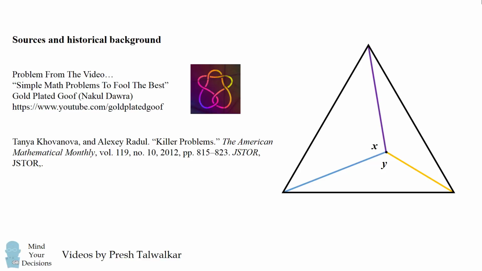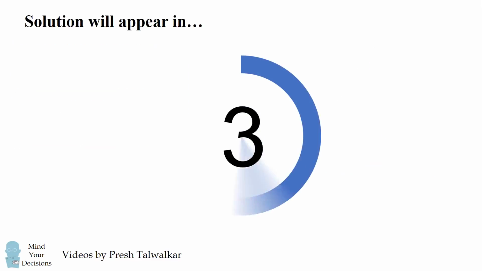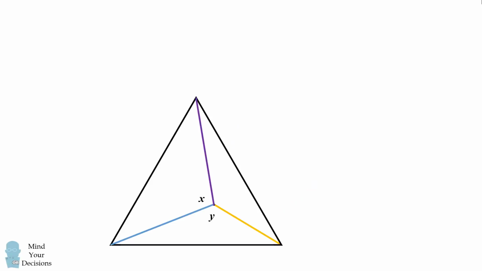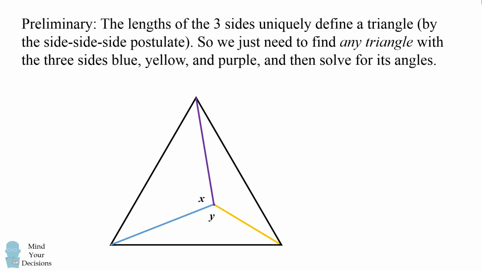So can you figure it out? Give this problem a try, and when you're ready, keep watching the video for the solution. So preliminary to get started is that the lengths of the three sides uniquely define a triangle by the side-side-side postulate.